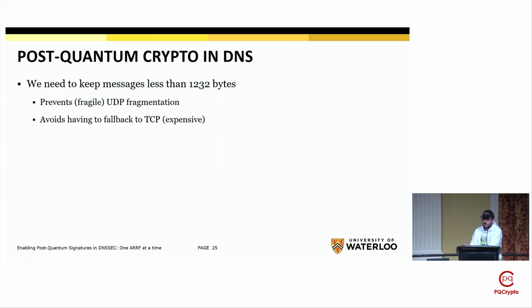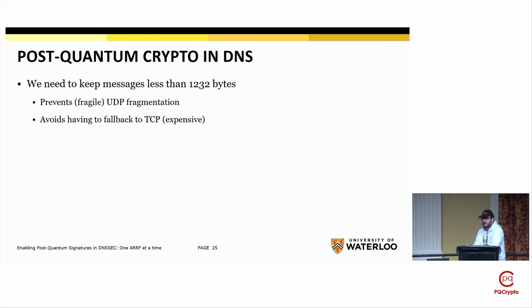Okay, so post-quantum crypto in DNS. So PQC ideally is just a drop-in replacement, right? Well, unfortunately for us, it's not quite that simple, or maybe fortunately because we got a paper out of it. But we have to keep our messages below 1,232 bytes.